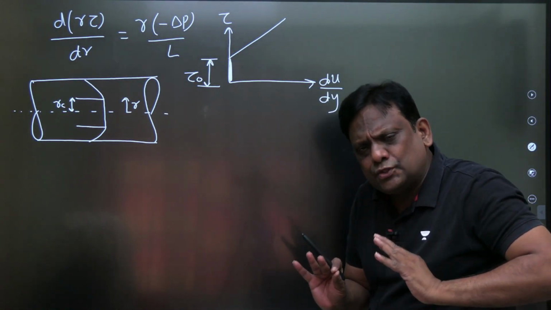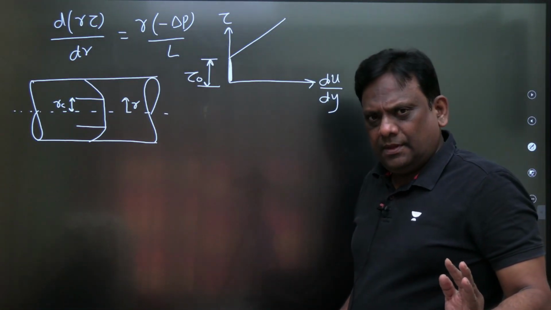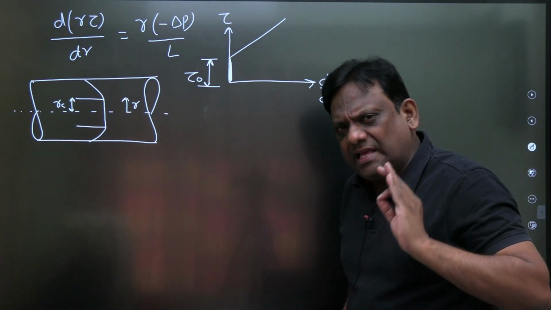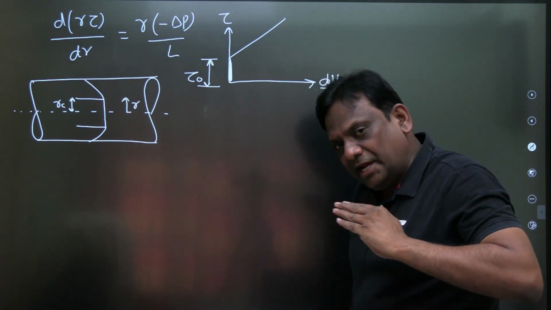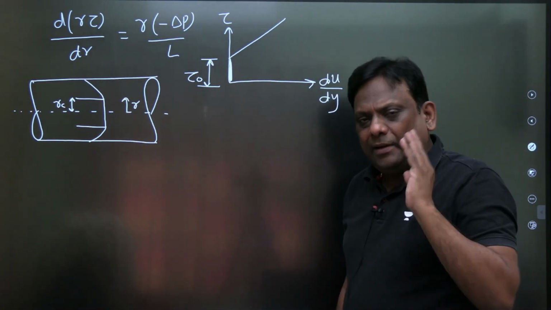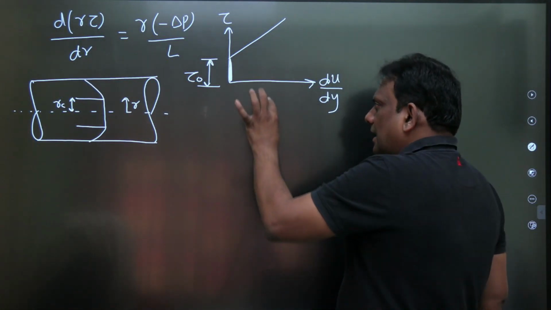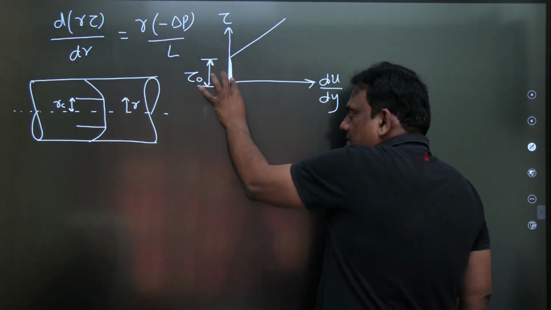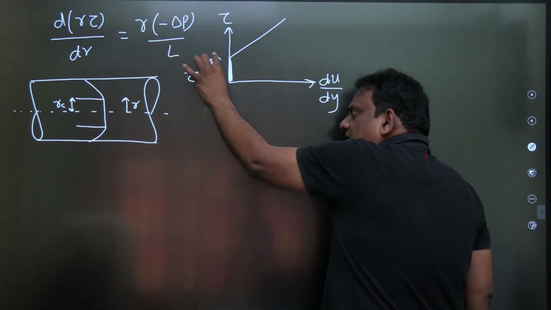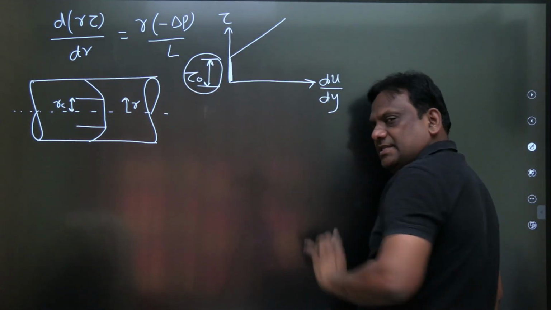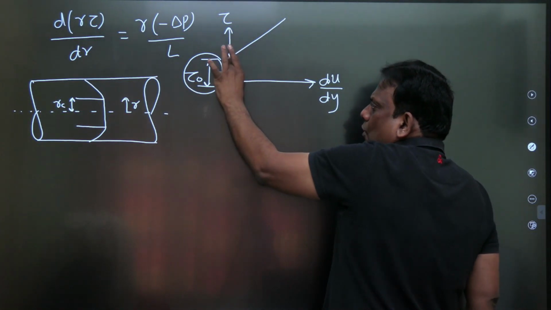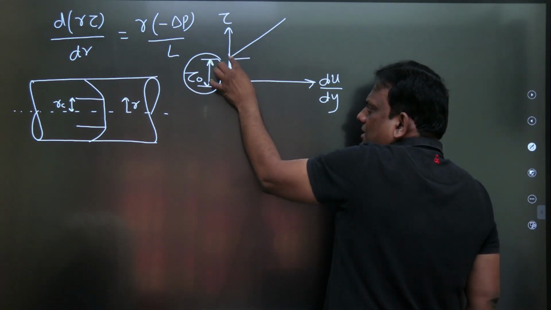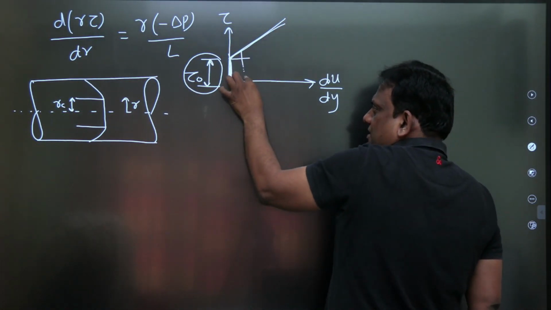Bingham plastic is not a classical fluid, because the definition of a classical fluid is that even if there is the smallest shear stress, it should flow. But understand carefully, there are no velocity gradients in this. So this shear stress you call the yield shear stress. And once this tau naught is crossed, now there are velocity gradients.